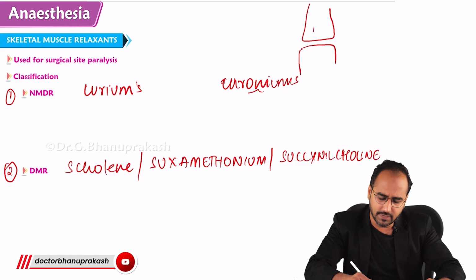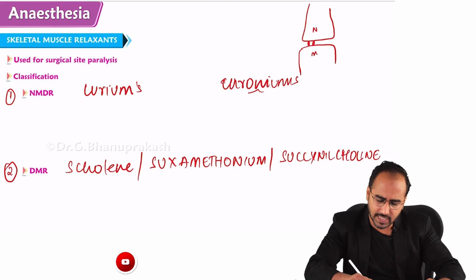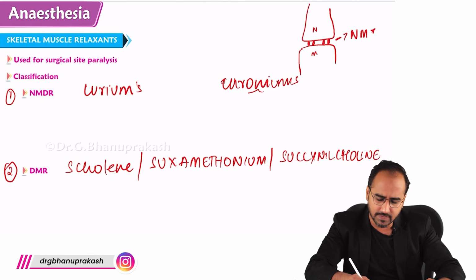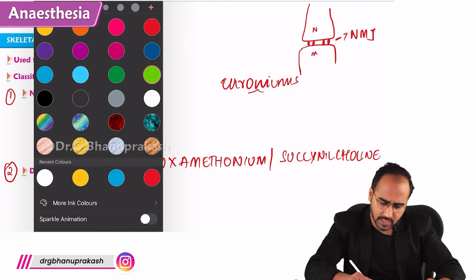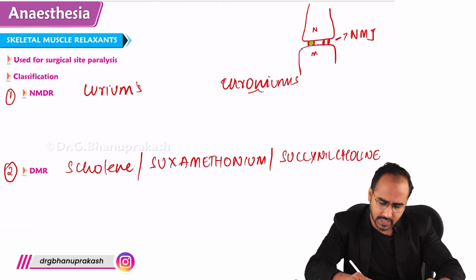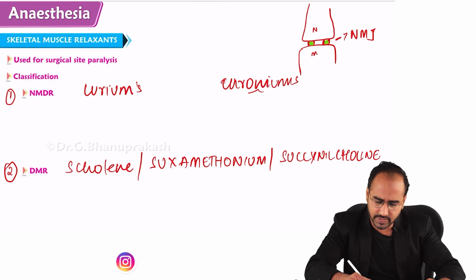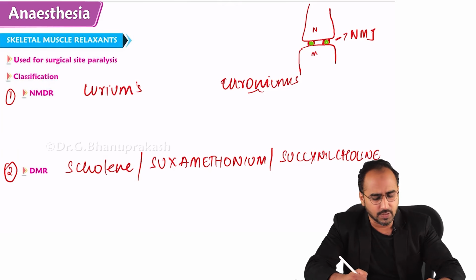This is the nerve, this is the muscle, and this is the junction between the nerve and the muscle. It goes to the neuromuscular junction and blocks the acetylcholine receptor, which I have drawn here.